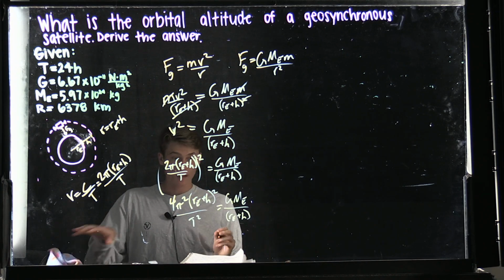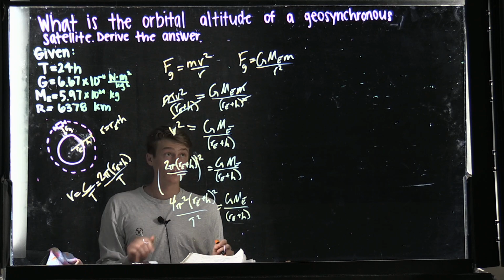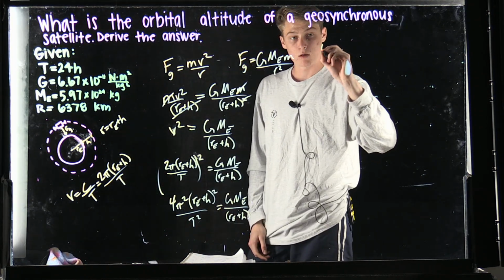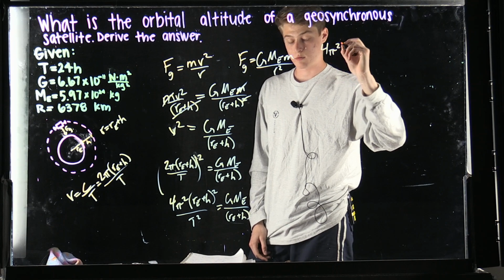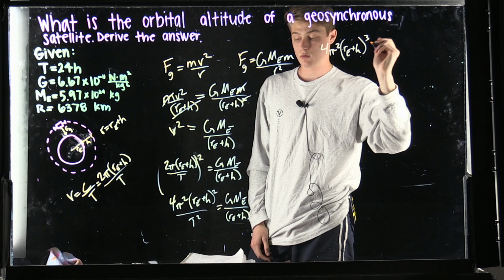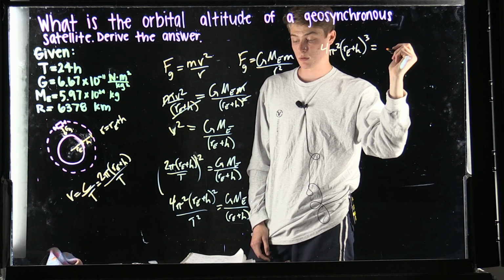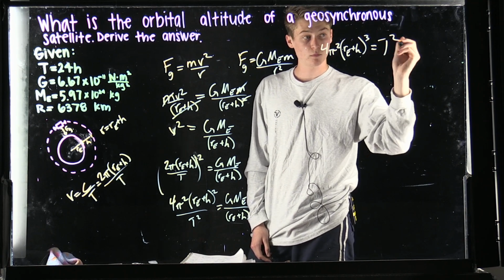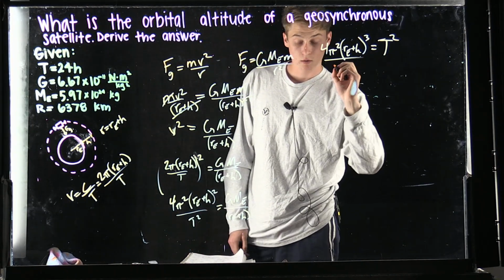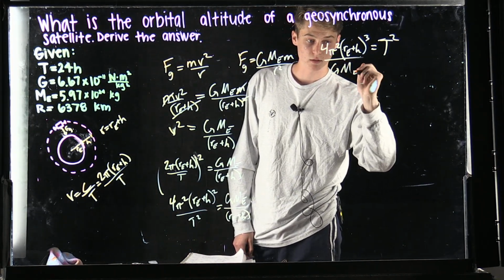Okay? And then if we multiply all this together, I'm going to draw up here, we get 4 pi squared times this whole radius cubed is equal to, multiply the T squared over, and then we're going to divide by big G, mass of the Earth.